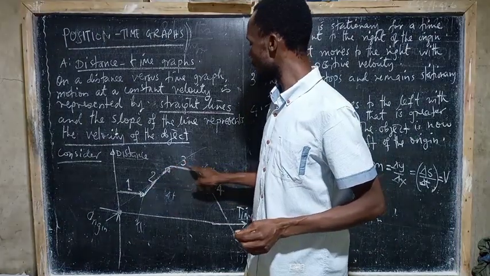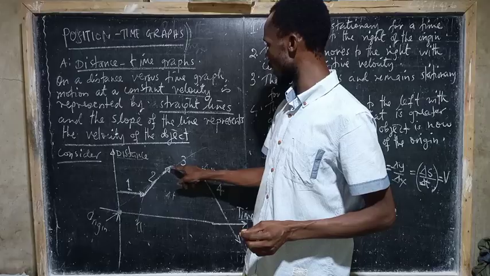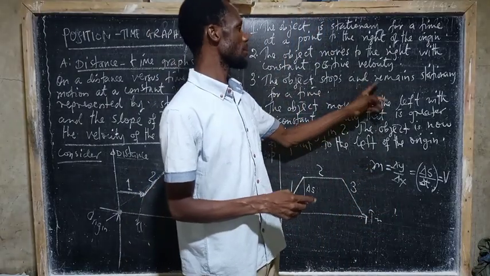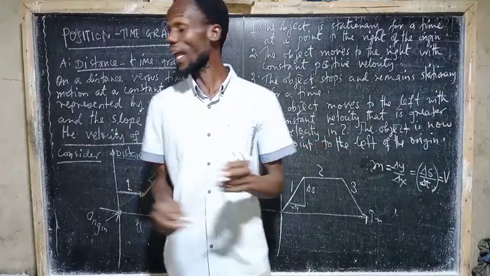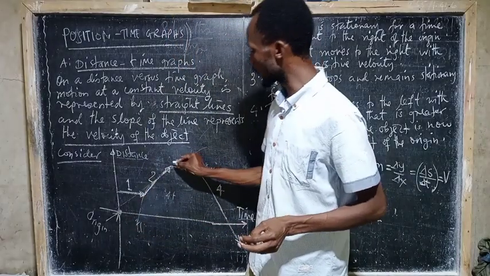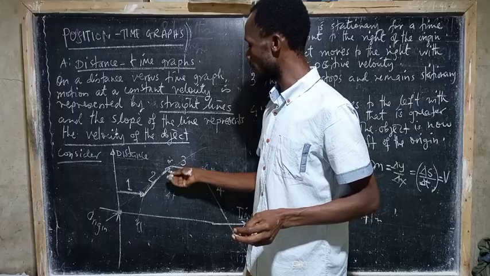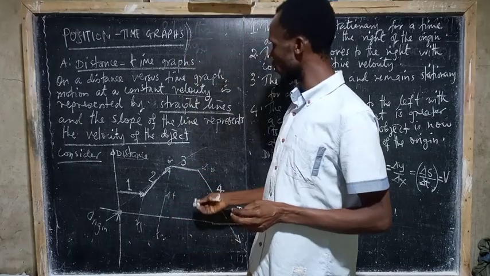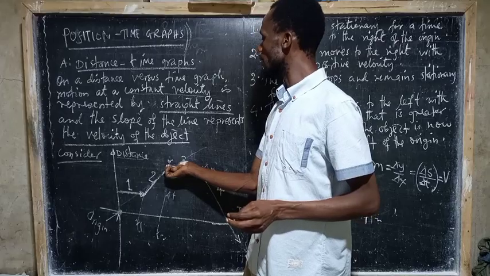Lakini ukija hapa kwenye horizontal straight line, the object stops and remains stationary for a time. Maana yake ni kwamba hapa ilisimama, labda hapa ilikuwa imefikia 5 meter kwa muda fulani ambao ni t2.